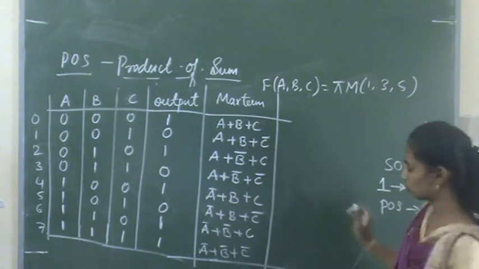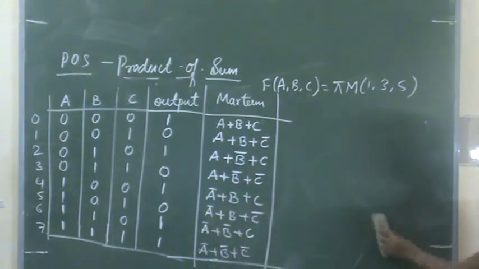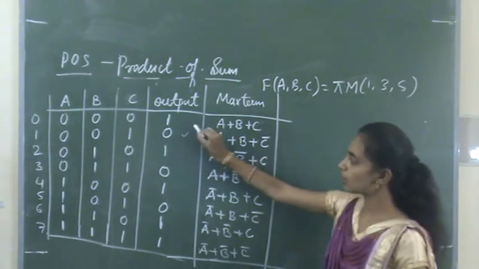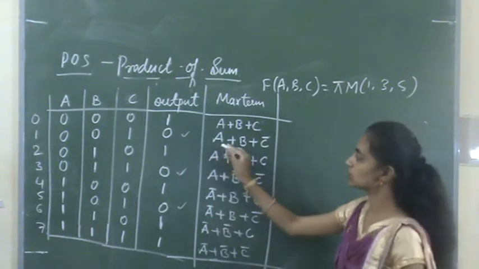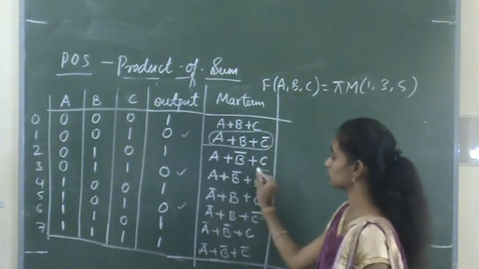So now we have to write a POS expression. I told you POS expression is taken only for the output which is low, right? So wherever the output is low, take those expressions to the POS.